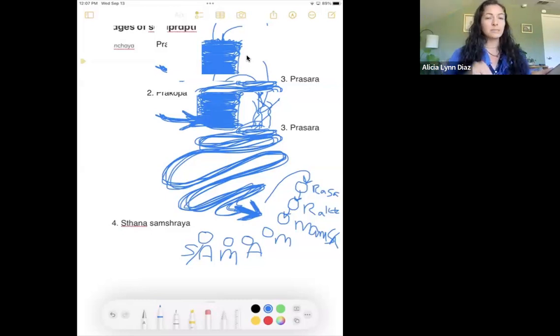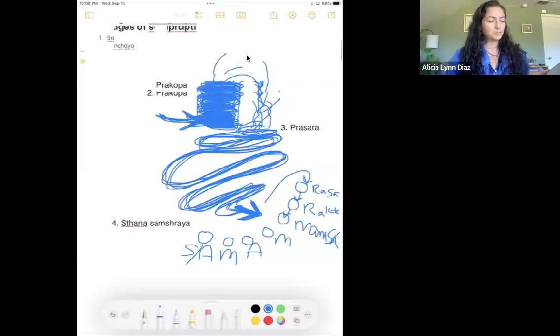So then it deposits, and then there's first stages of certain signs and symptoms that will happen when Ama is depositing into one or more of the bodily tissues. And then Vyakti means essentially manifestation. So Vyakti, you can write in your notes, manifestation.